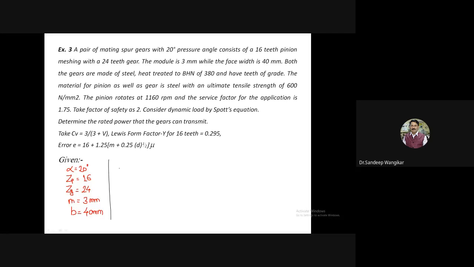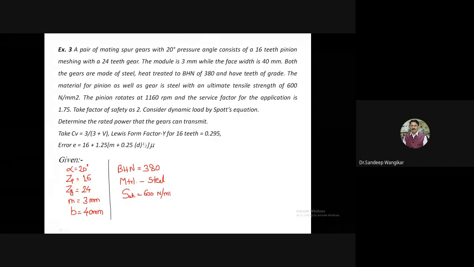So I will write down BHN is equal to 380. The material for pinion and gear is steel. So if required, we will use material for both the cases is steel. Ultimate tensile strength SUT is given as 600 Newton per mm square.